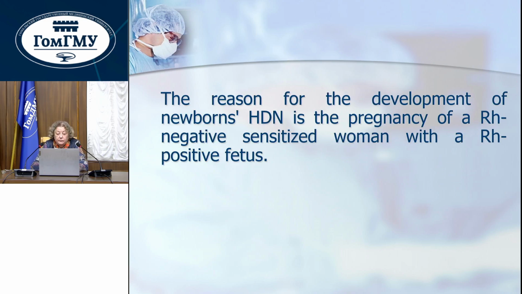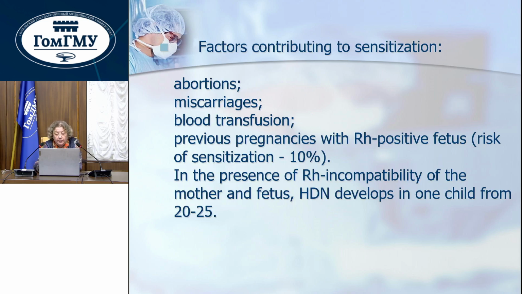The reason for the development of newborn hemolytic disease is pregnancy of the Rh negative sensitized woman with an Rh positive fetus. Factors contributing to the sensibilization are abortion, microcarriage, blood transfusion, previous pregnancies with an Rh positive fetus.